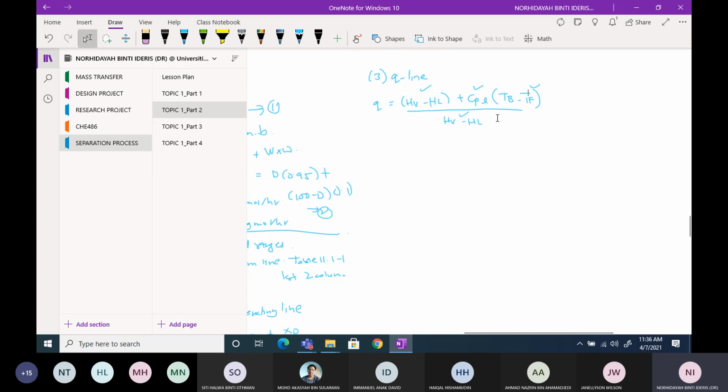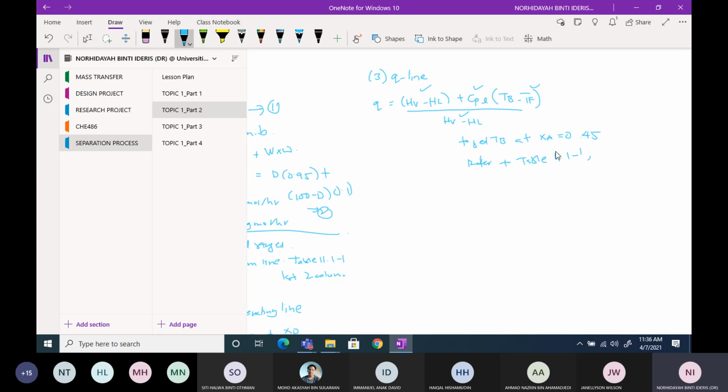Alright, so to get the boiling point of the feed, because you know that it is a mixture of benzene and toluene, you need to get T_B at x_A. The mole fraction of x is 0.45. So to get this value of T_B, you can refer to table 11.1-1, the last two columns.